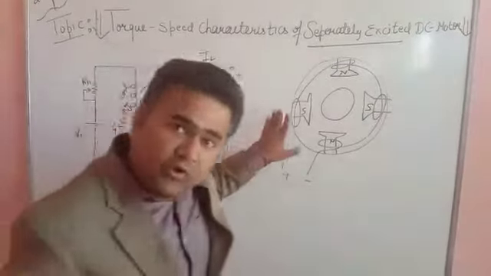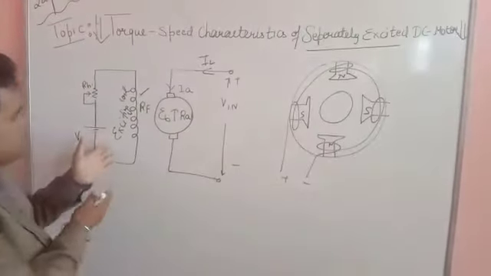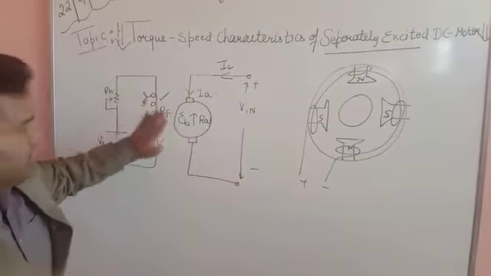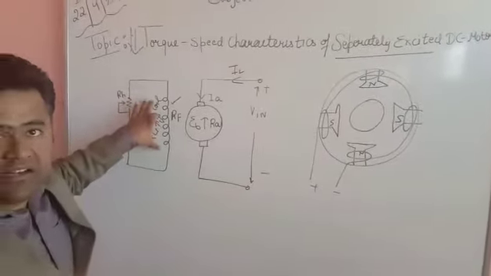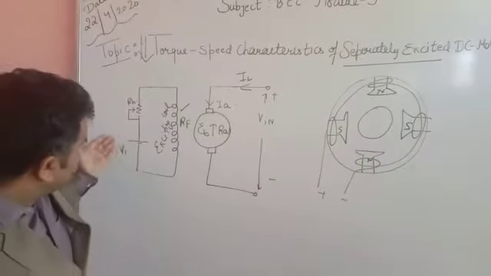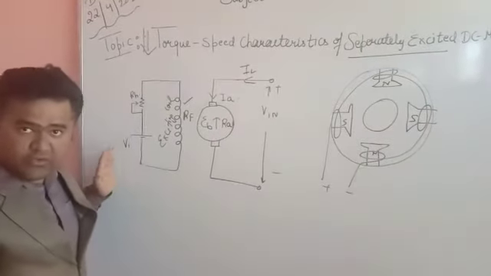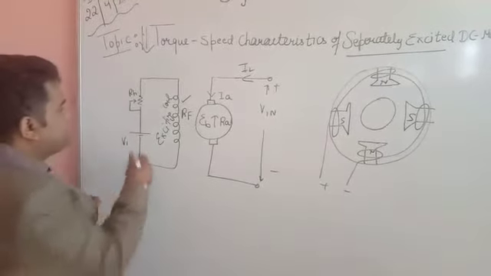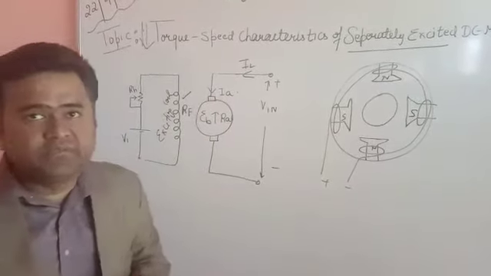It is exciting the poles. Now in this type of DC motor, I have separately attached the exciting coil and excited it separately with the help of the voltage source V1, a battery V1, and the rheostat. There is a variable resistance to change the value of current.